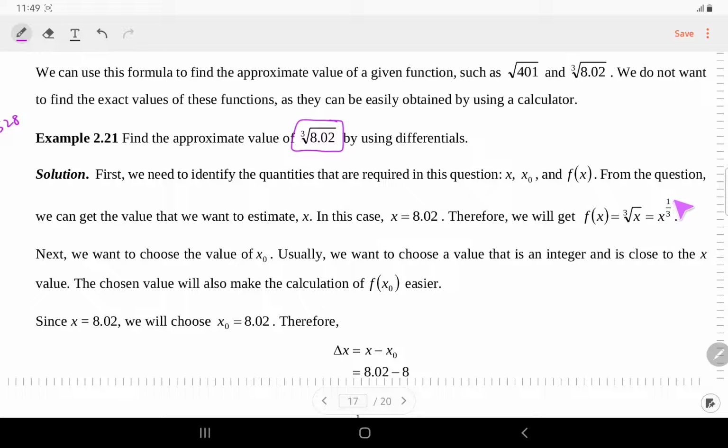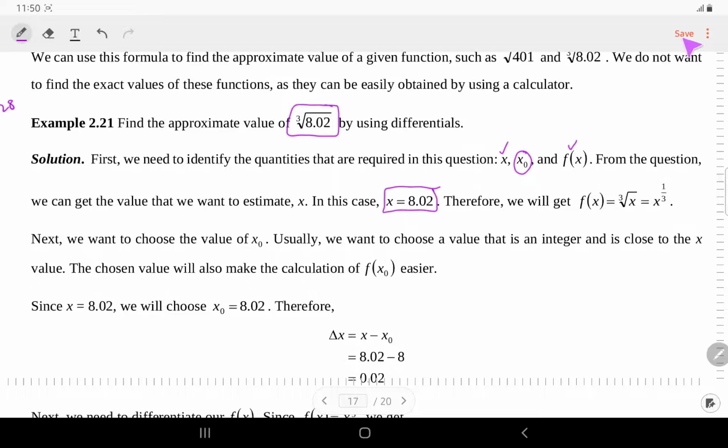Next we want to choose the value of x naught. We already have our x, and our f of x as well.